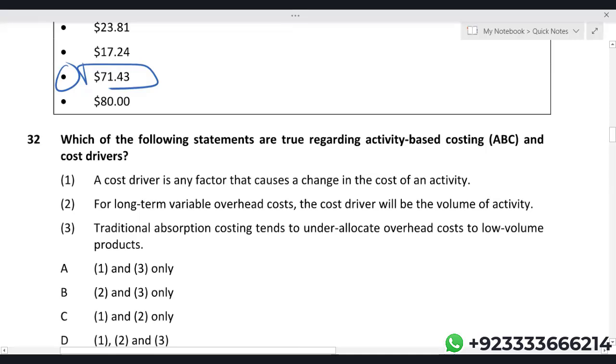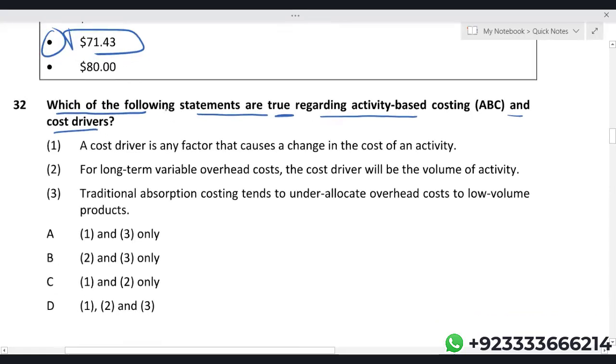Which of the following statements are true regarding activity-based costing and cost drivers? And we know that the meaning of cost driver is the reason to incur cost.